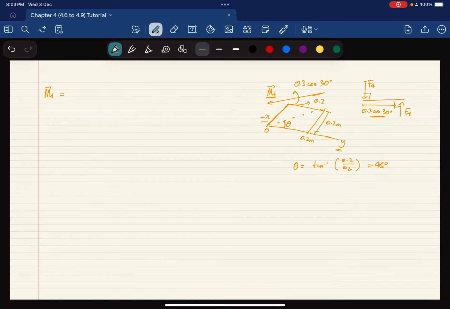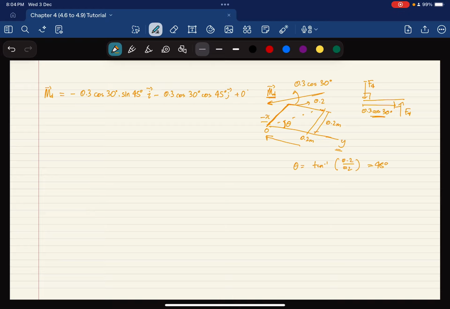So M4 would be negative 0.3 cosine 30, and in this direction it becomes sine 45. This is for your i component. Now for your j component, it's also going in this direction as well, so it'll be negative 0.3 cosine 30 cosine 45 degrees j.